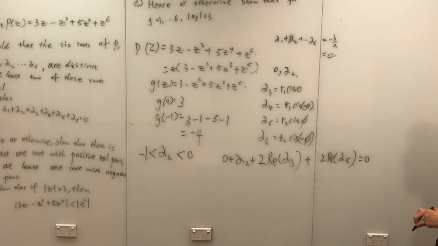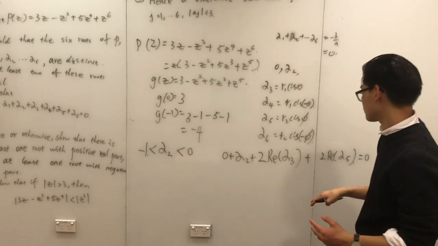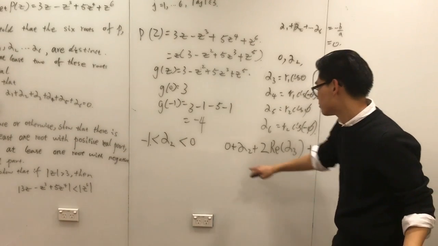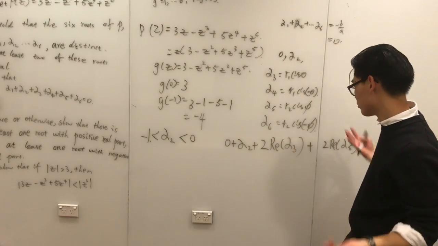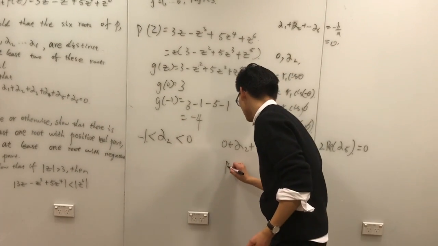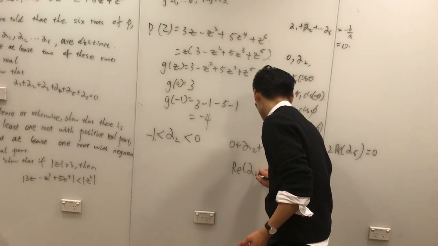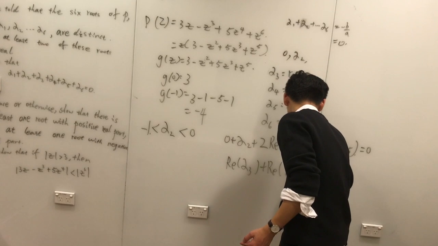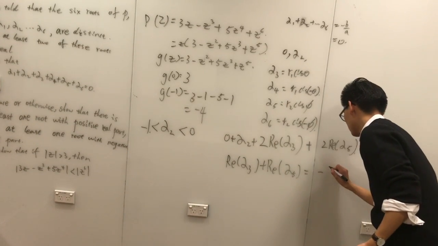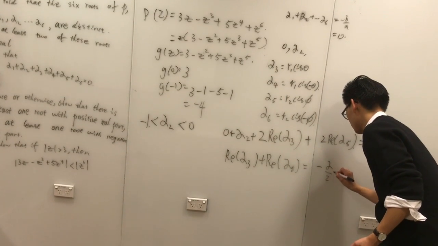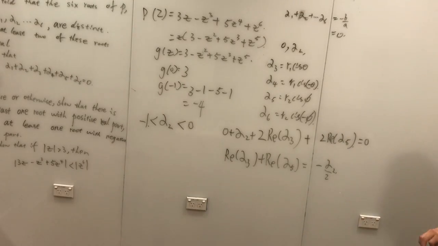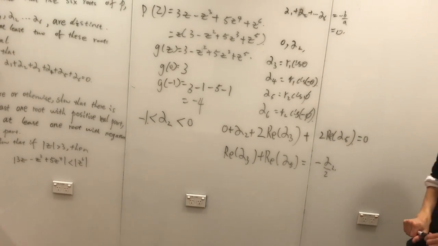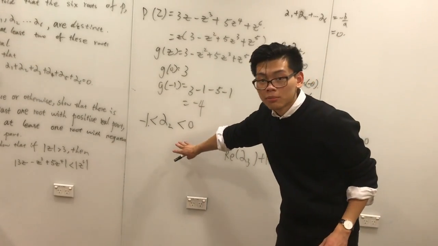Right? And then we move alpha 2 to the other side and divide both sides by 2. We do know... And we also know alpha 2 is a negative number.